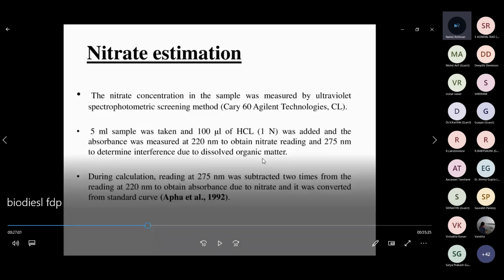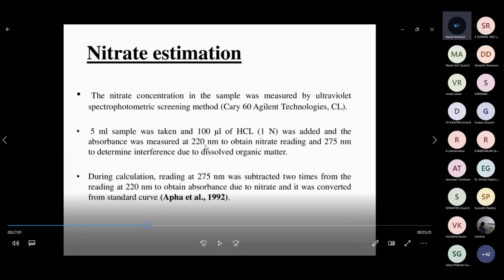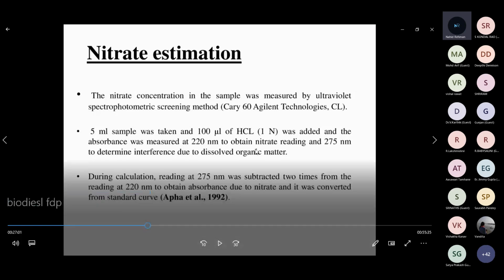And if you get the absorbance at 275, then you have to deduct it from the absorbance which you achieved at 220 nanometer. So that will be the nitrate estimation which is not contaminated with any of the organic matter.